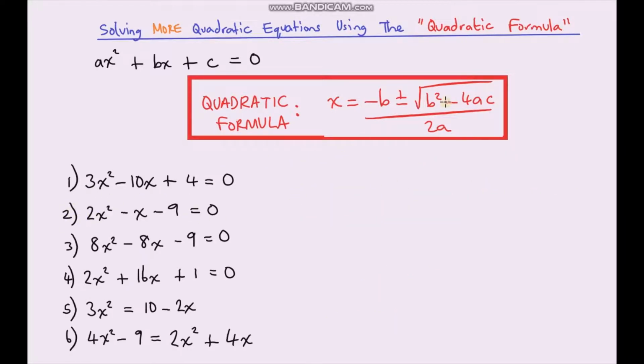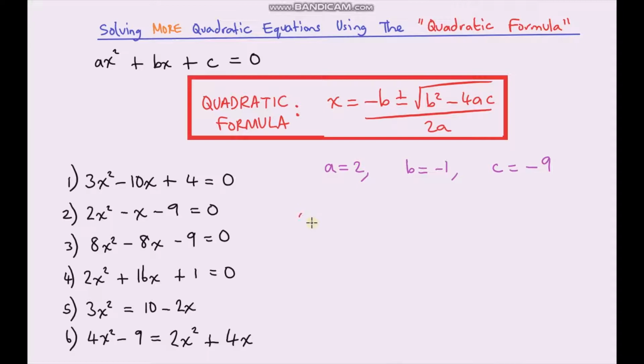Let's write down our values for a, b and c first. a is going to be 2, b is going to be negative 1, and then c is going to be our constant, which is negative 9. Now let's plug these into our formula.